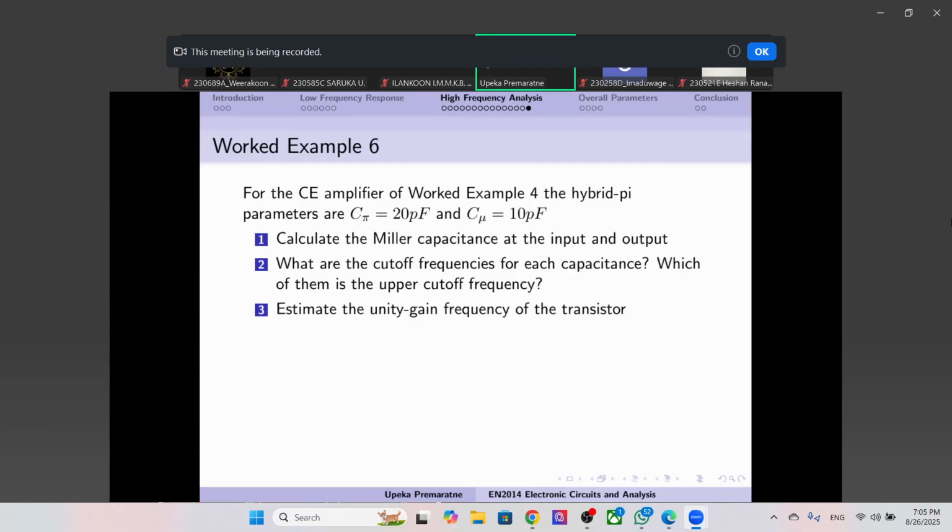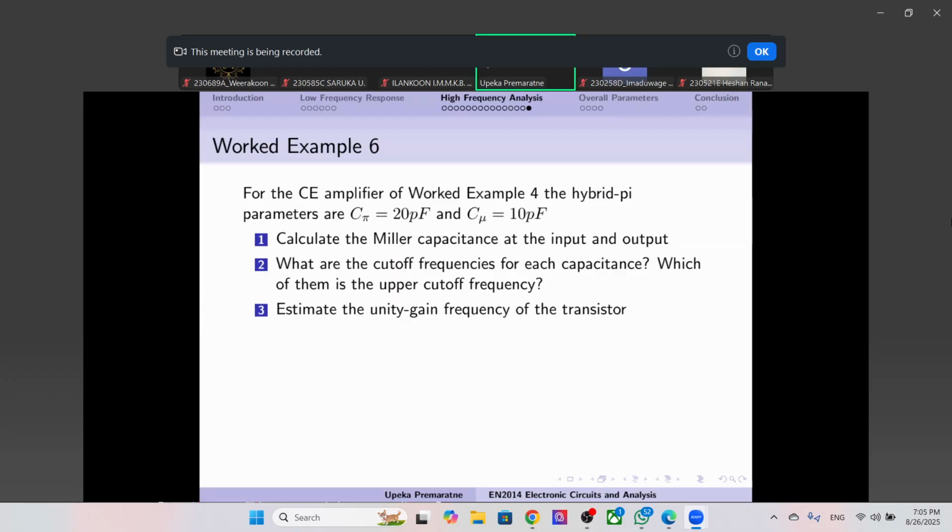So now we're going to try this question over here. The resistor values are the same as worked example 4. C pi is given as 20 picofarads and C mu is given as 10 picofarads.